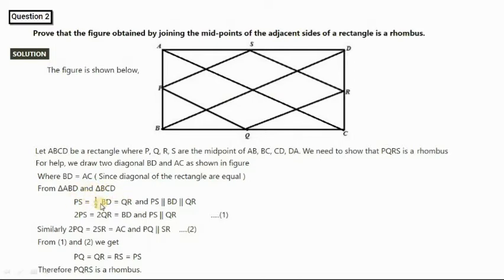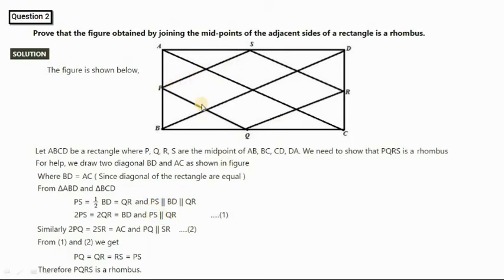So combining both, I am getting this. If I multiply both sides by 2, then I'll get 2 times PS, 2 times QR, and half into 2 becomes only BD. So 2 times PS is equal to 2 times QR is equal to BD, and from here I can say that PS and QR both are parallel.